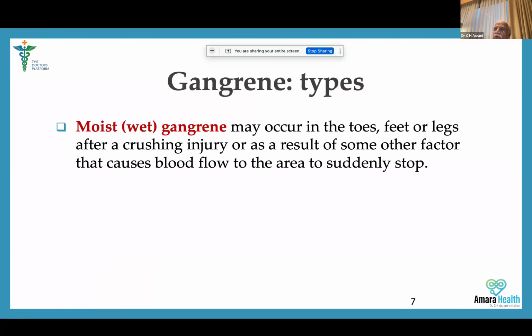Then we have moist or wet gangrene. May occur in the toes, feet or legs. After a crush injury is very common, or a result of some other factor that causes blood flow to the area to suddenly stop. But most likely it is a crush injury.